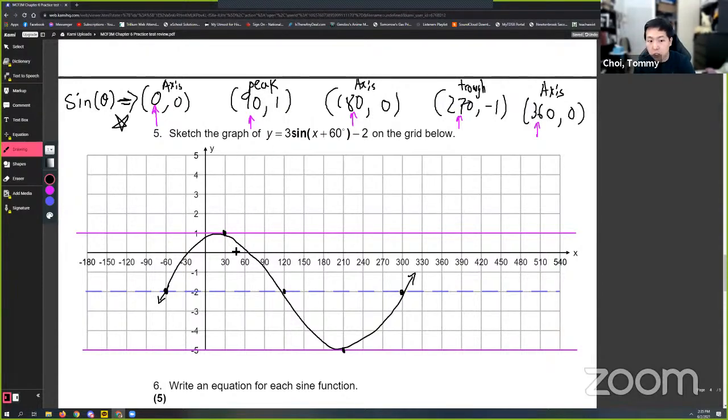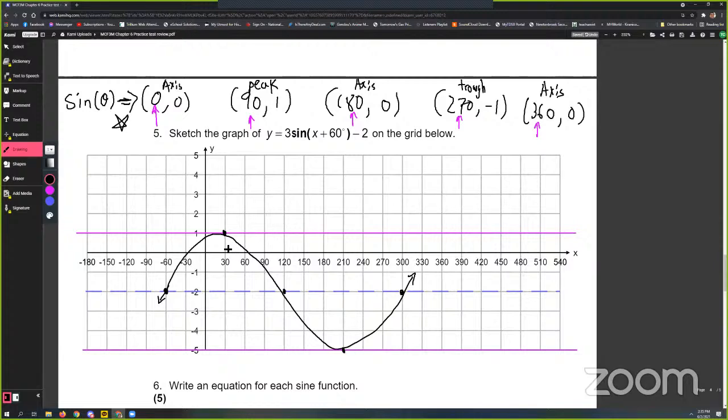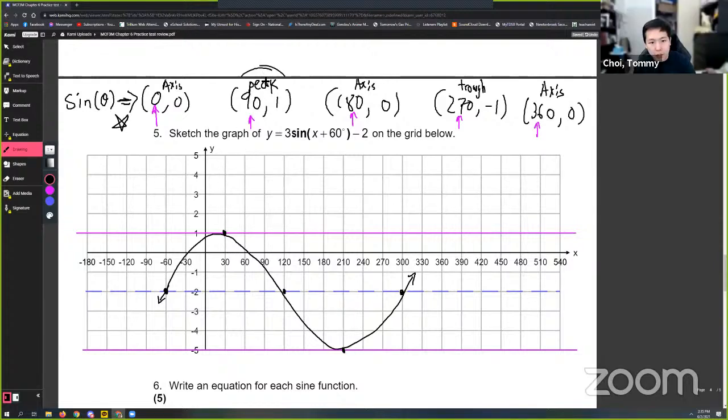So 90 minus 60 is 30, and then it's at the peak. In our regular sine graph, this point is the peak. So I just find the peak of my new graph, which I indicated earlier with the amplitude, and I just draw the point there. That's why you see these purple lines? That would be the peak and the trough of my new graph. That's what I draw first.